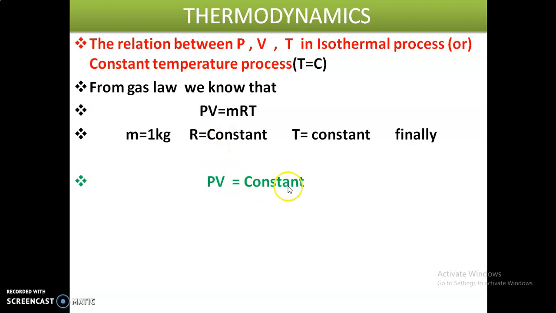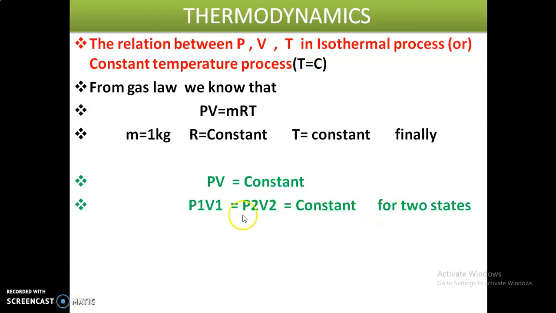PV is equal to constant. This is for one state. If we take two states, P1 V1 is equal to P2 V2 is equal to constant. From this relation, we can write P1 by P2 is equal to V2 by V1. So this is the relation between pressure, volume and temperature in the isothermal process.